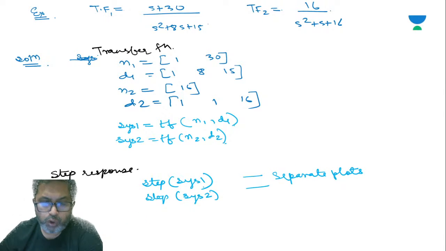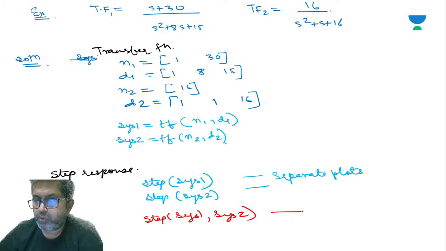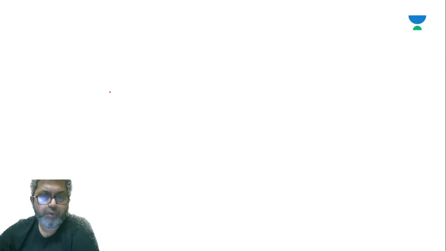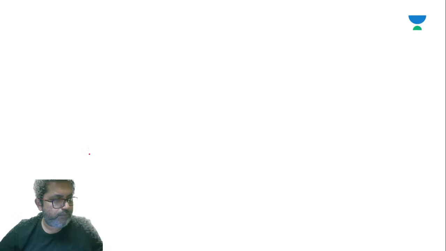If in same plot, I will write down step sys1 comma sys2. This will be in same plot.